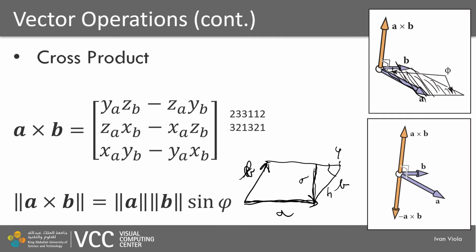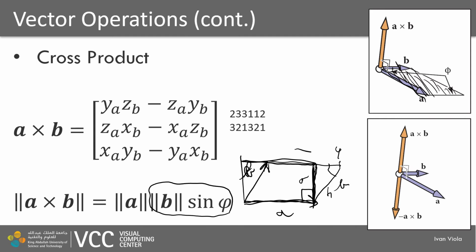So this term here gives us the value of this length, and here this would be perpendicular to A. So it basically gives us the area of this type of rectangle.